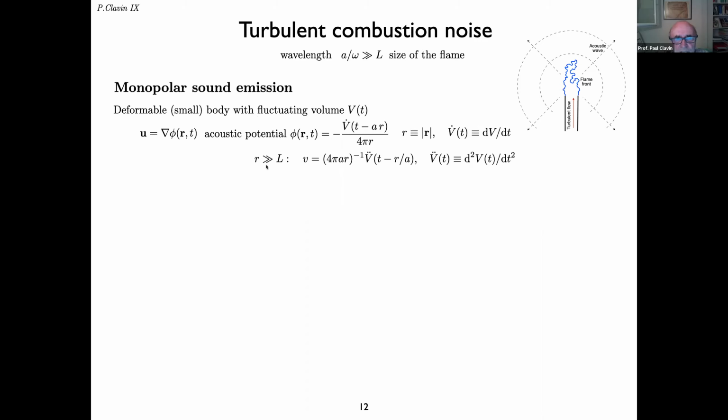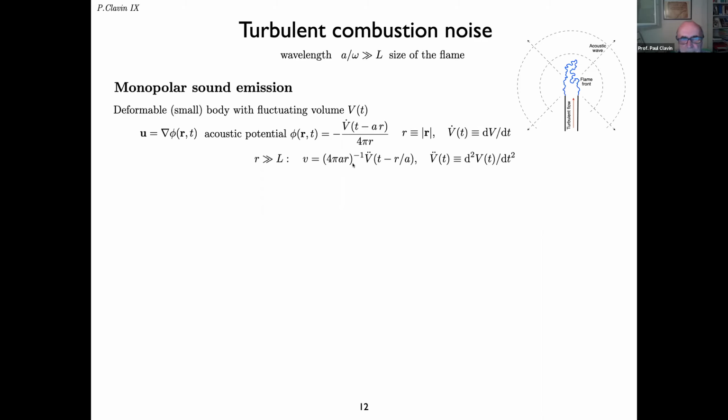So the velocity at the point r and at time t is given simply by the second derivative of the volume, retarded by the time it takes for the acoustics to reach the position r from the origin, divided by, forgetting about the 4π, a (the sound speed) multiplied by the distance.